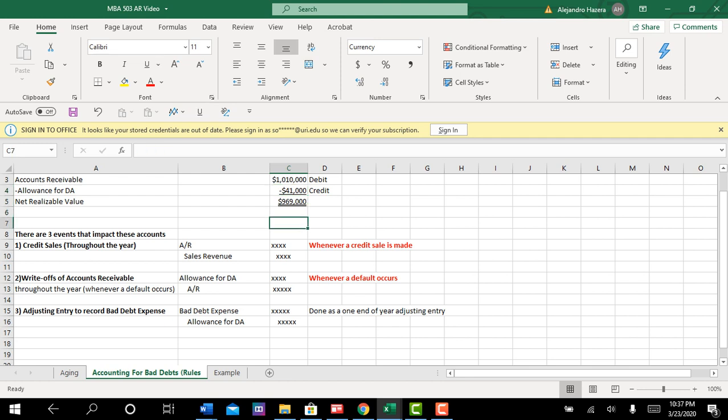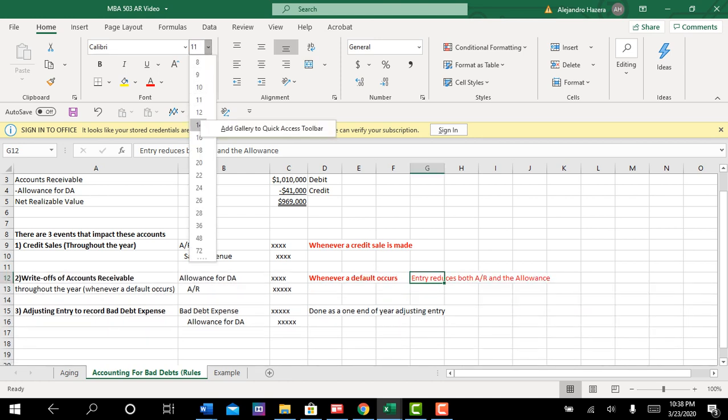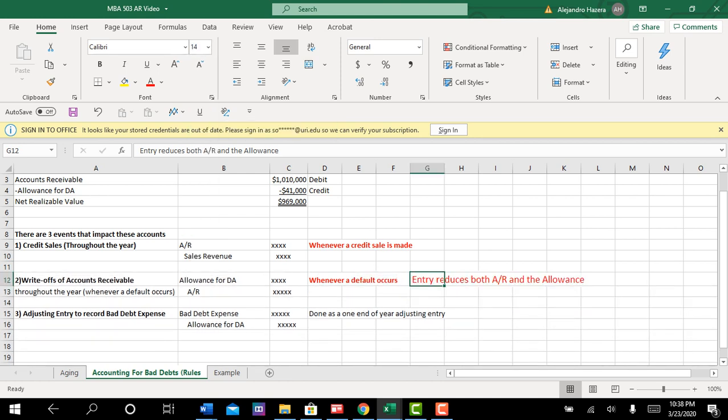So this entry right here, I'm going to make a notation: entry reduces both accounts receivable and the allowance. I'm going to put it in big letters here and even bold it.